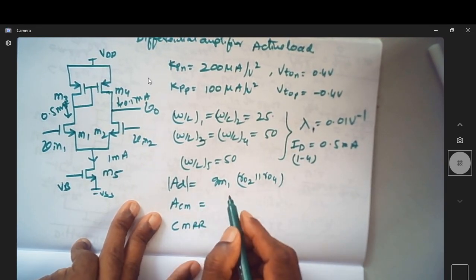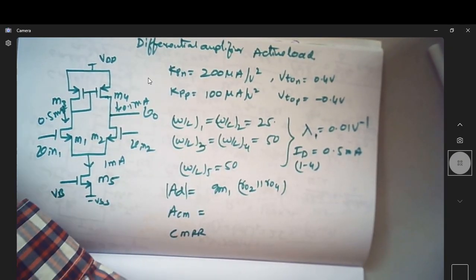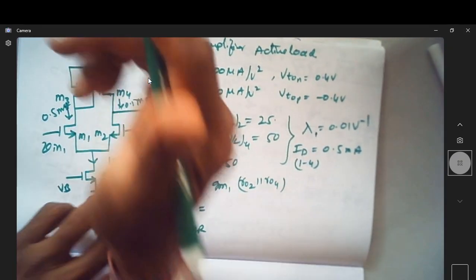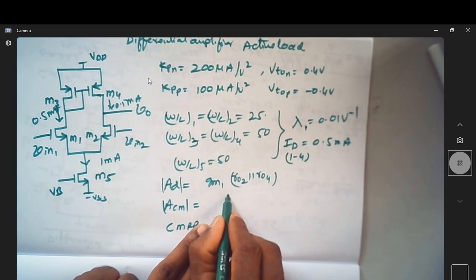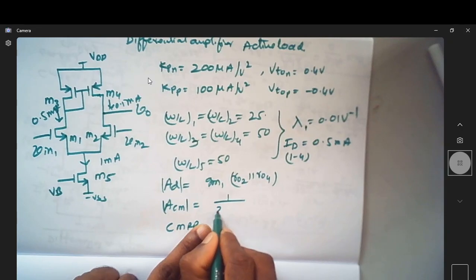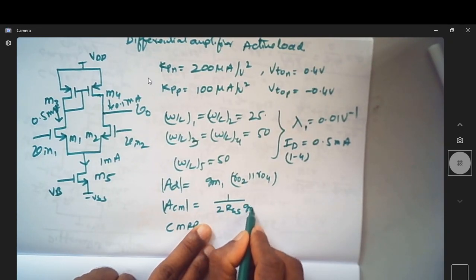And for the common mode gain, taking the magnitude, the expression will be 1 over 2 times RSS into GM3.